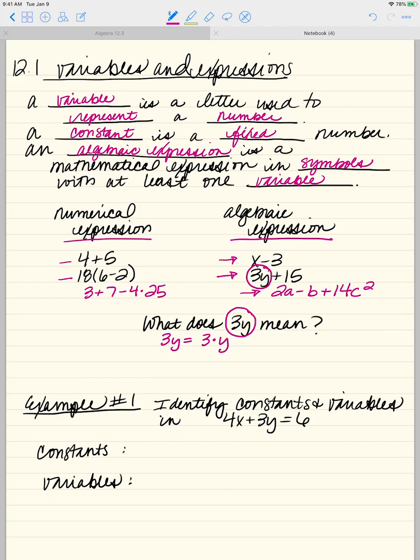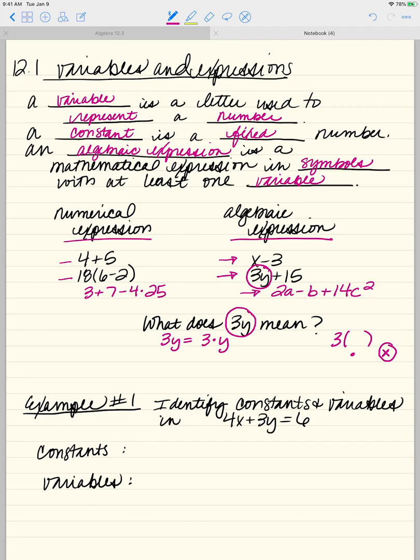And now, hopefully you're starting to see why we start using numbers bumped right up next to parentheses to show multiplication, or we use this dot for multiplication instead of using what you're most familiar with for multiplication, which is that x for times. Because once we start working with algebraic expressions, this symbol can get very confusing if we're using the letter x as a variable, okay?